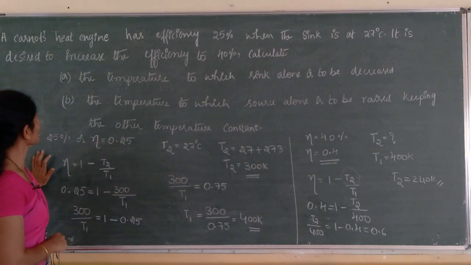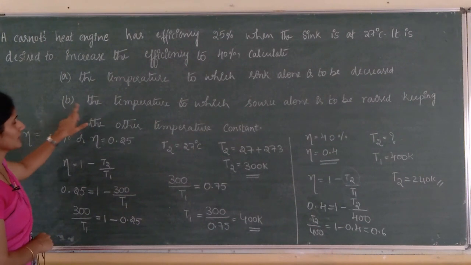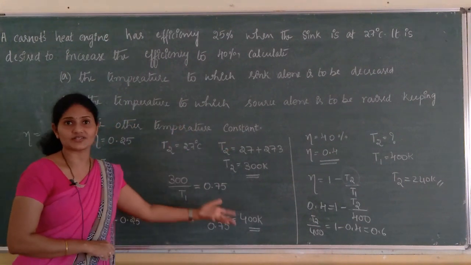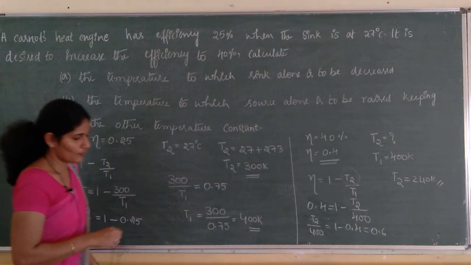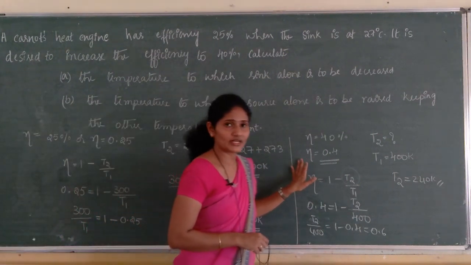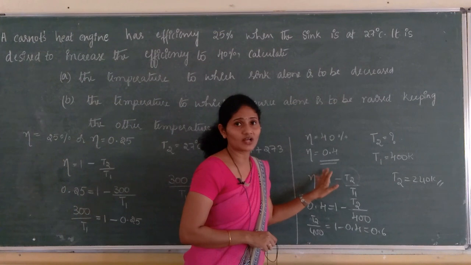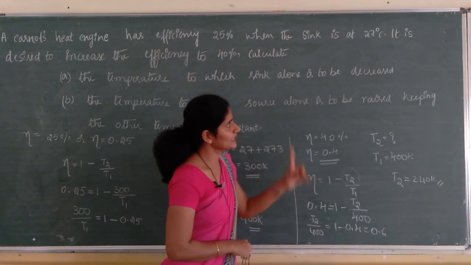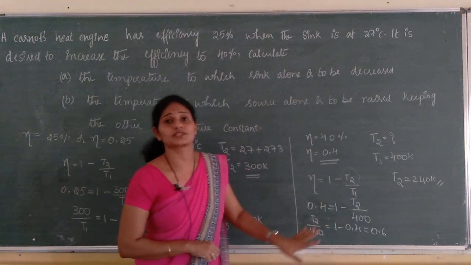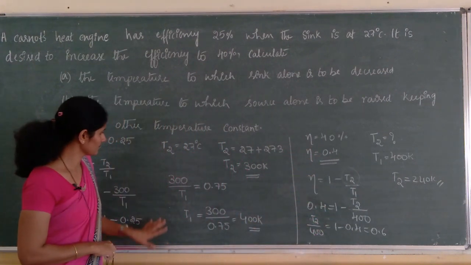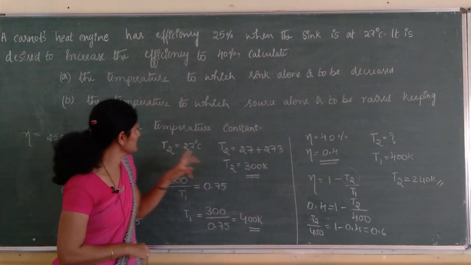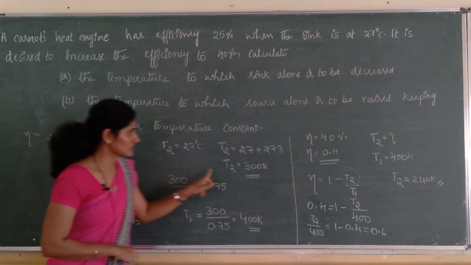So, T2 is 240. Next one, the temperature to which the source alone is to be raised for the same efficiency. For eta is equal to 0.4, what is the value of the source? That you have to calculate, keeping the other temperature constant. That means the other temperature is the temperature of the sink.